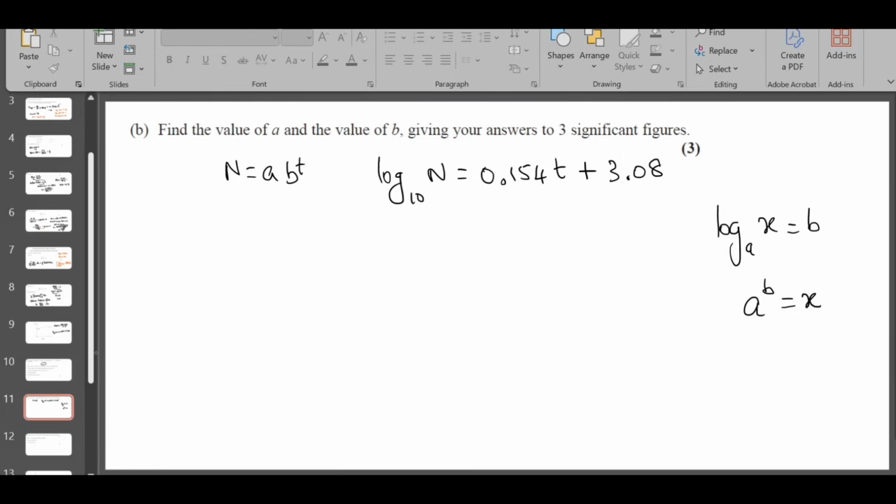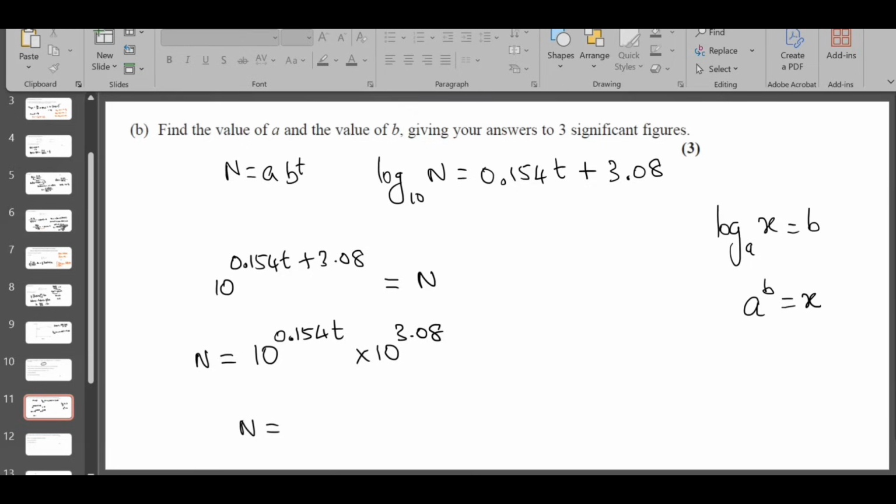I'm going to do the same thing here. A is 10, b is this whole thing. So 10 to the power 0.154 t plus 3.08 is equal to x, which is n. So n is, split it using laws of indices, 10 to the power 0.154 t times 10 to the power 3.08.